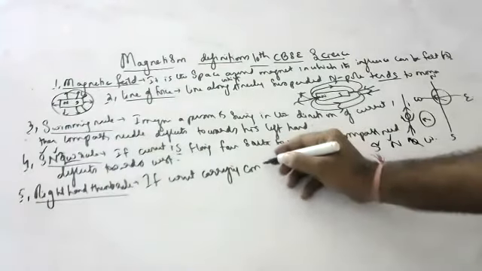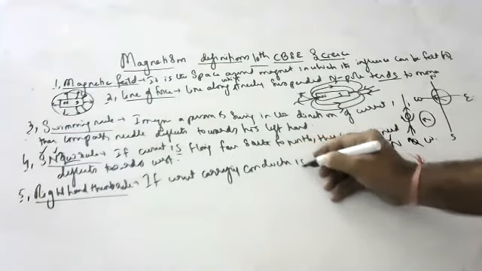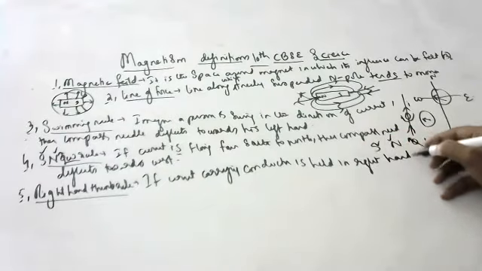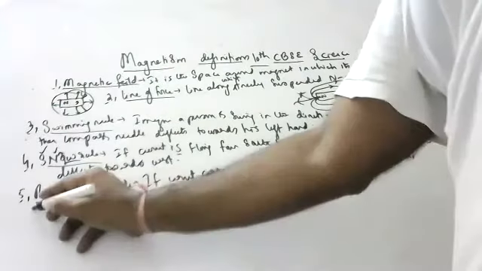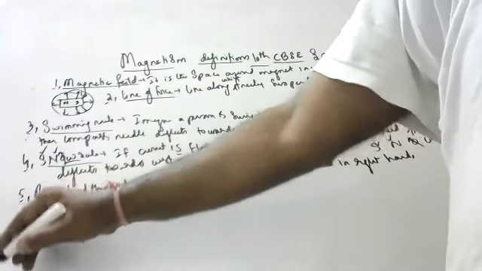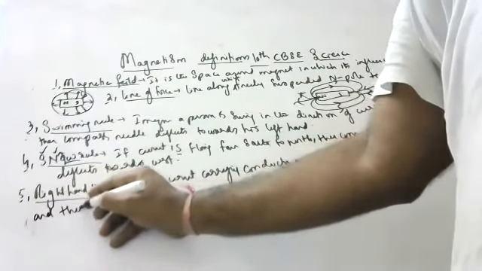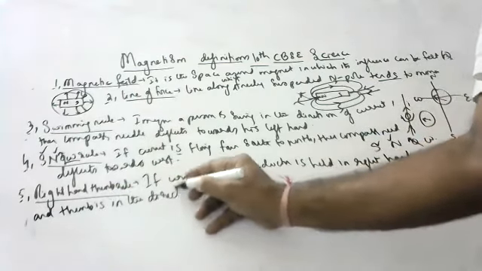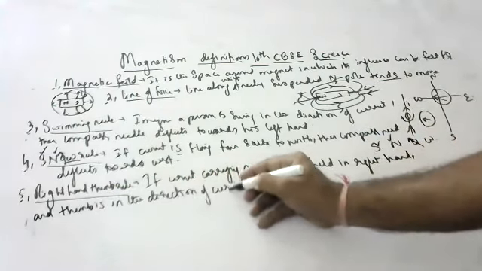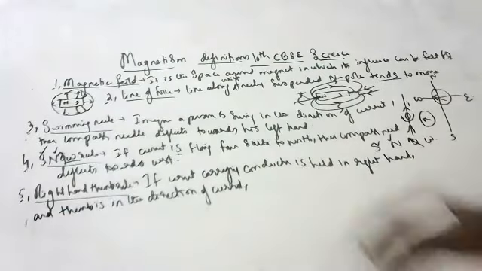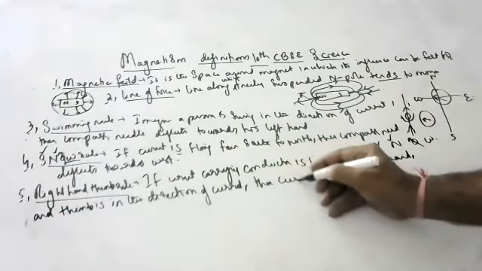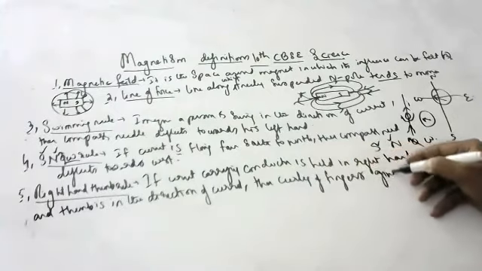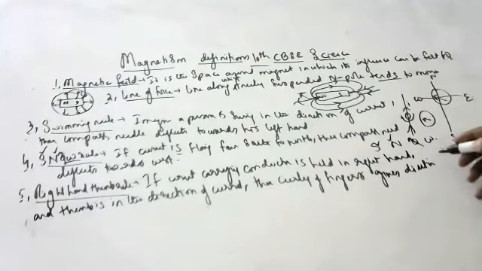If current carrying conductor is held in right hand, and thumb is in the direction of current, then curling of fingers gives direction of magnetic field.